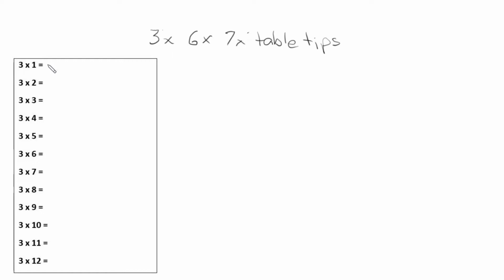3 times 1, well, that's the easiest. There's only one group of 3, so the answer is 3. And 3 times 2, this is where you revisit the double trick. Of course, you can skip count on your hands, but really you just have to double this number, because if you flip this, remember, commutative property of multiplication, which means you could go either way.